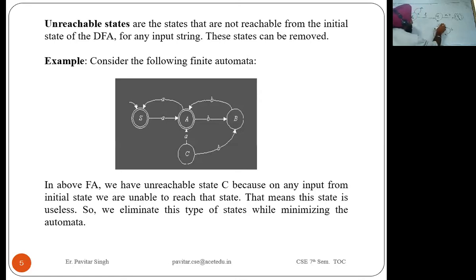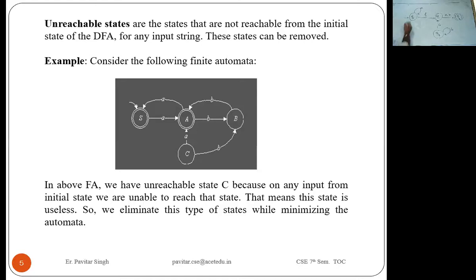Q3 upon the processing of A goes to Q1. Here you can clearly see that Q3 is a state we can't reach. We don't have any input string which will take you to Q3. We don't have any incoming arrow towards Q3 from the initial state.